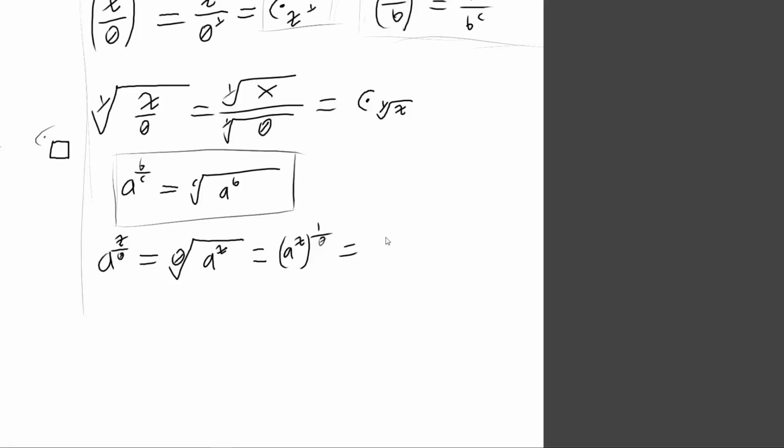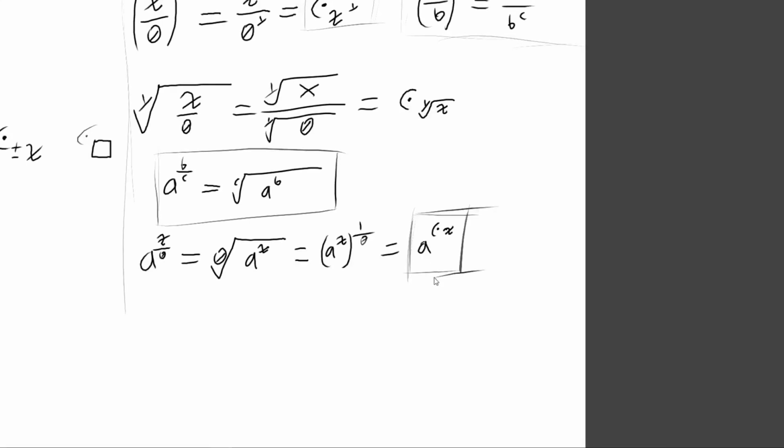Which in turn equals a to the power of c times x. Because if you think about it, if you have an exponent and you exponent it, you just take the top, merge them, and you get that value right back out. So you get this. This is as far as we can go. We cannot break this down further.